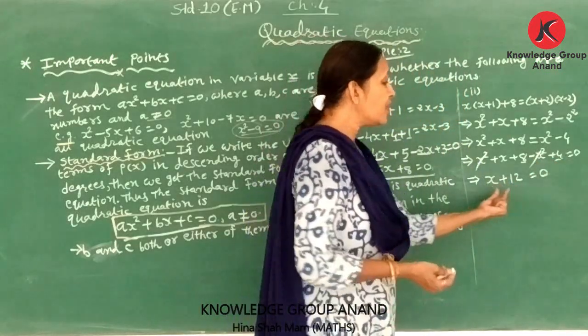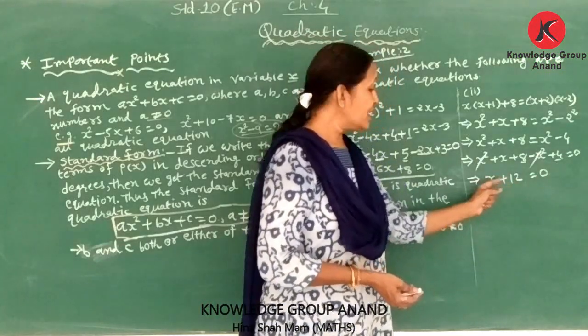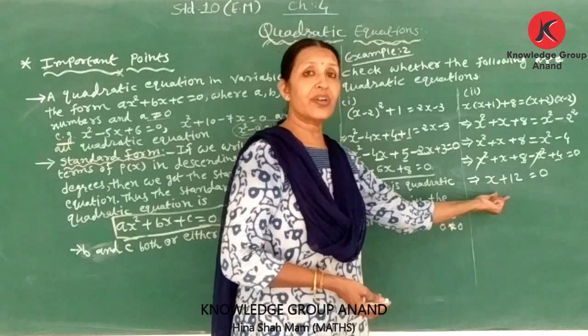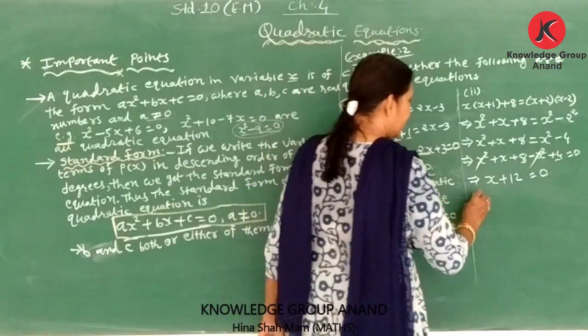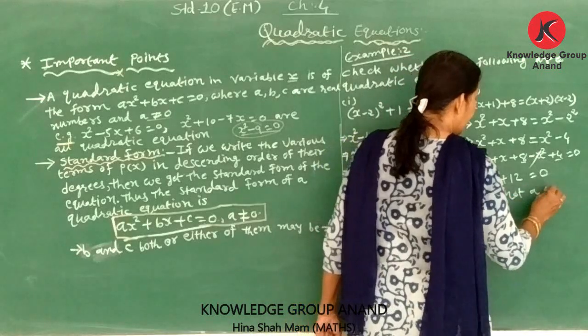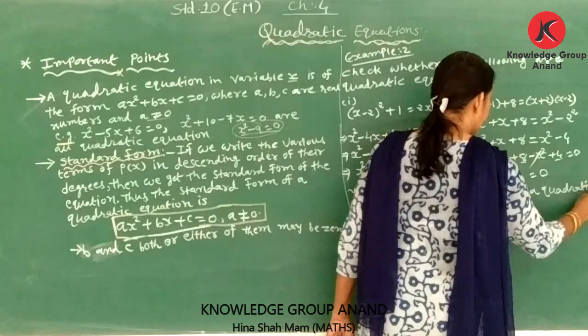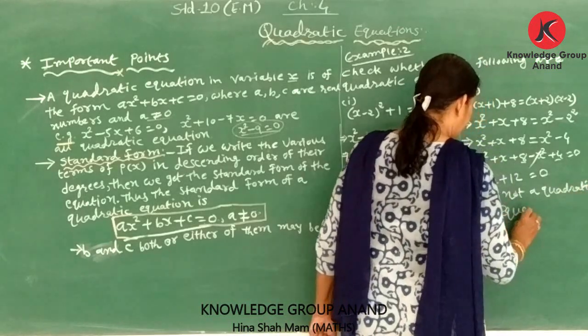It is not a form of ax square plus bx plus c. It is a linear equation, not a quadratic equation. Then we write it is not a quadratic equation.